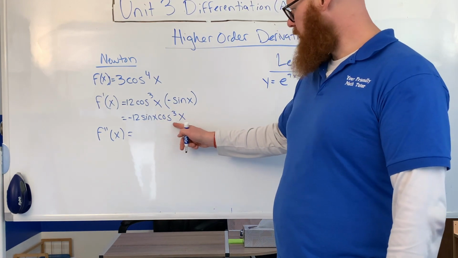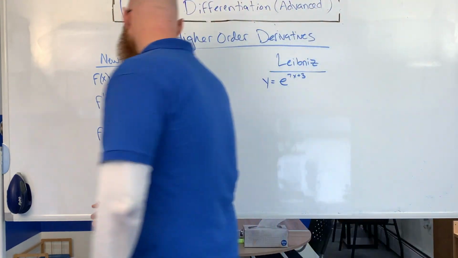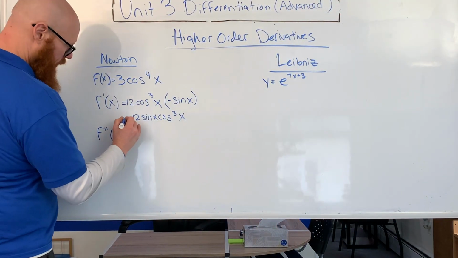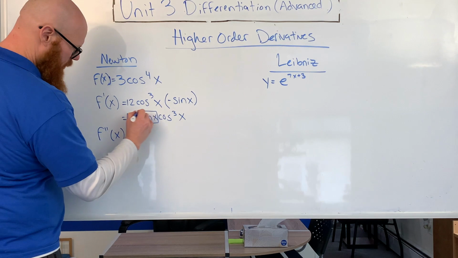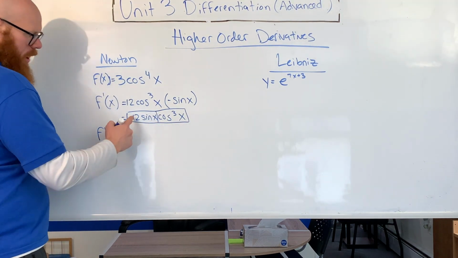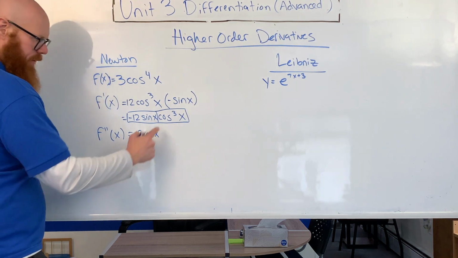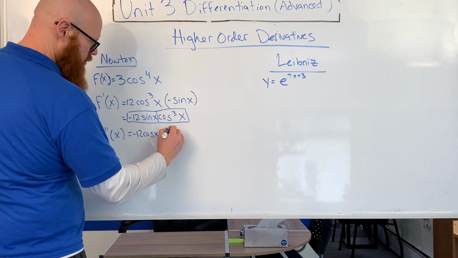We're doing the derivative of this function, which involves a product of two functions of x, so we have to use the product rule. I could think of this as the first function. I'm going to lump the negative 12 in with it, and then this is the second function. So the derivative of the first function is negative 12 cosine x. The second function remains unchanged.